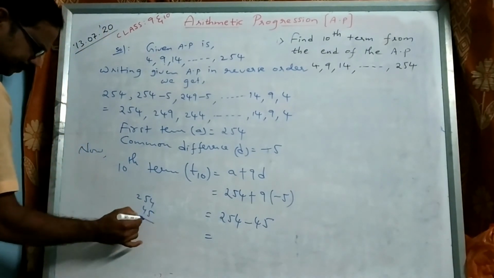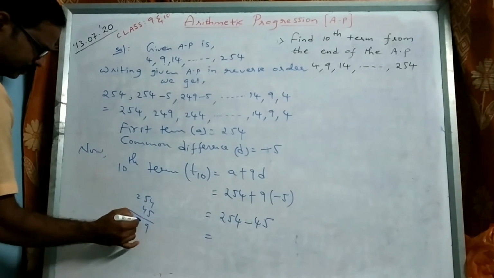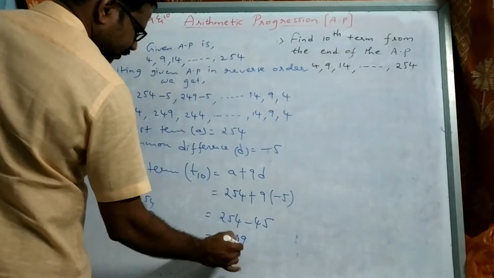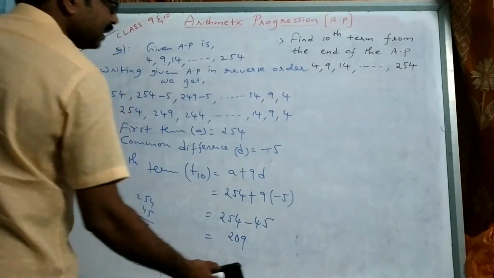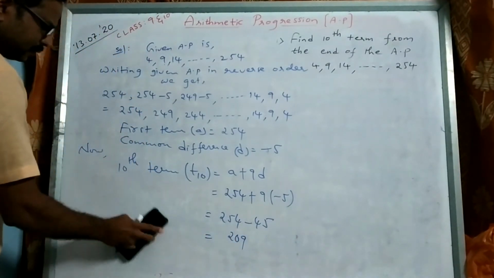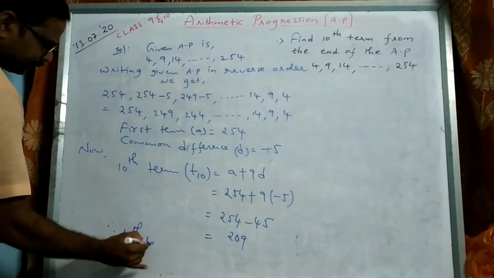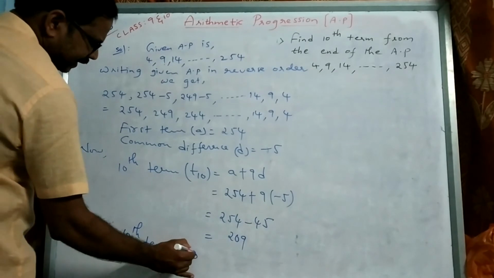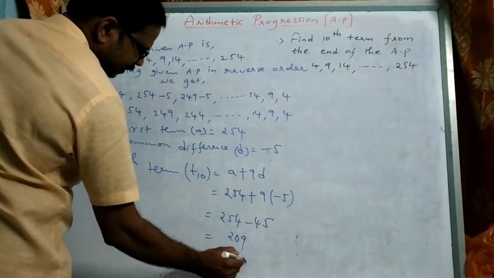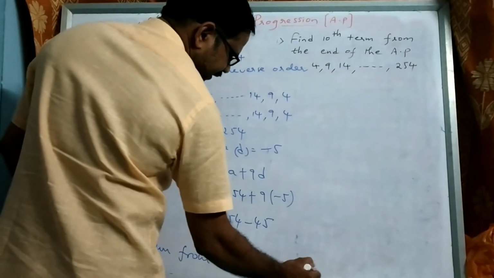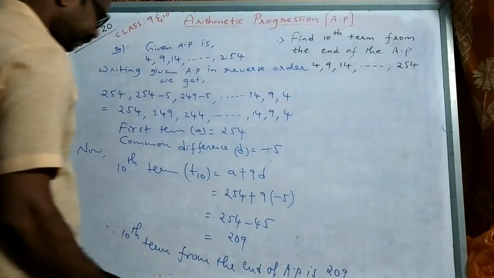How much? 209. So from that side, what is the 10th term? 209. Therefore, the 10th term from the end of the AP is 209.